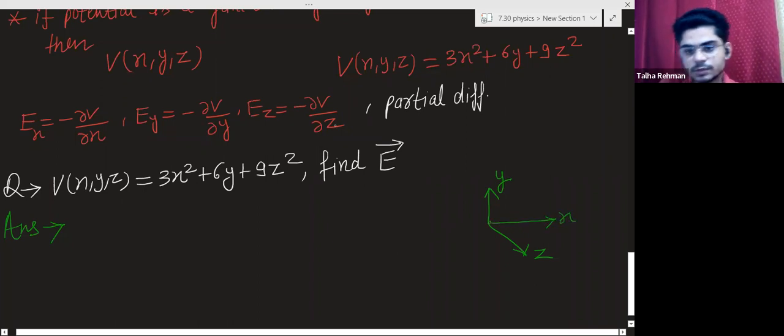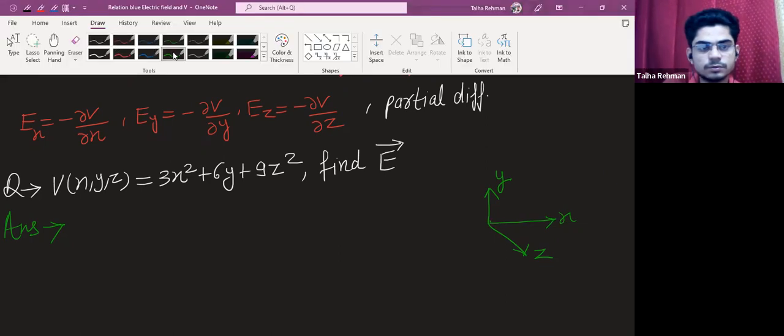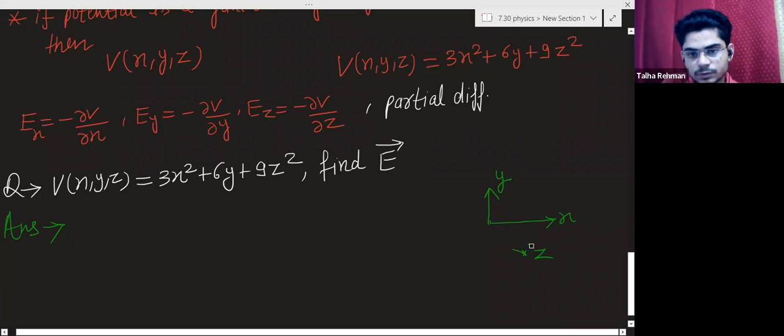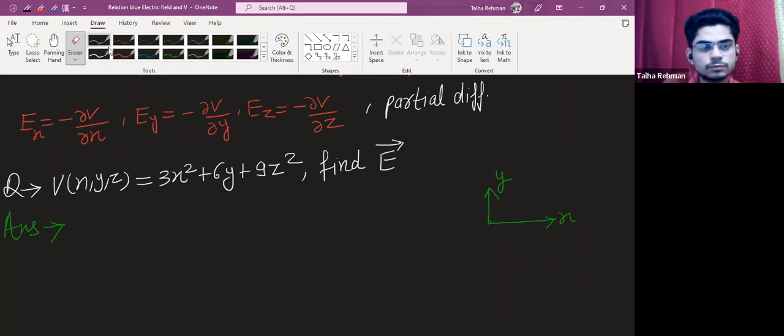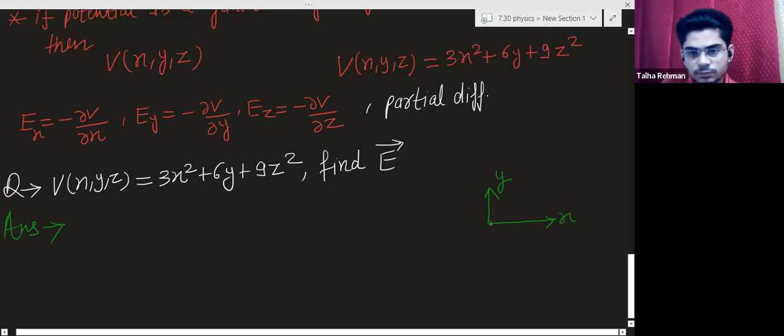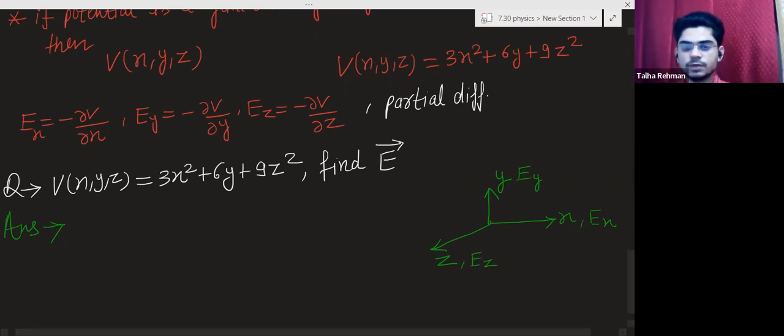This is the x-axis. Z-axis. So it means the electric field will exist in the y-axis also, in the x-axis also, in the z-axis also. Okay.